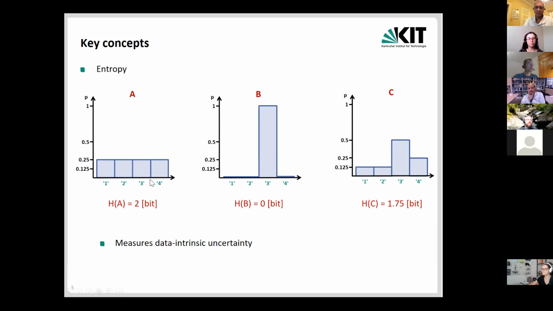And you know that the uniform distribution is, for a discrete distribution, the one that maximizes uncertainty or entropy. So we have an upper bound for a given number of distinguishable states. And the lower bound, of course, is 0 if you have a Dirac distribution, as the one shown in the middle. And for anything in between, you're somewhere between the log n and the 0 bits of uncertainty.